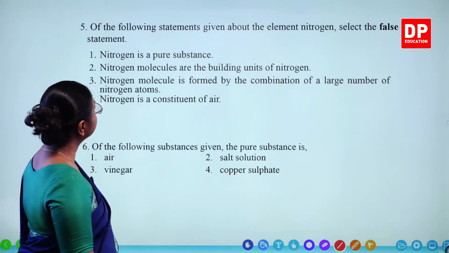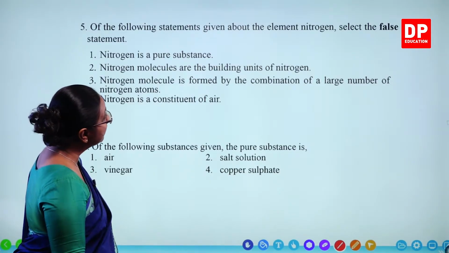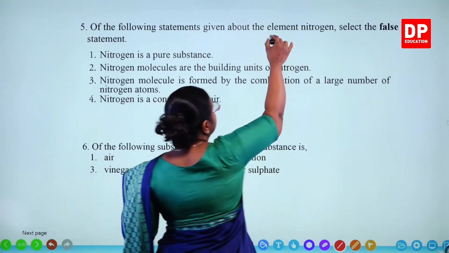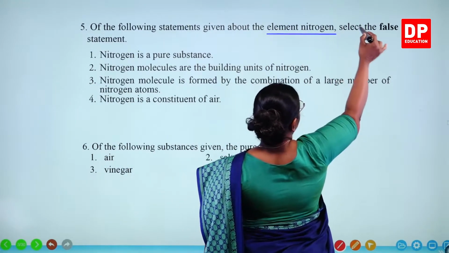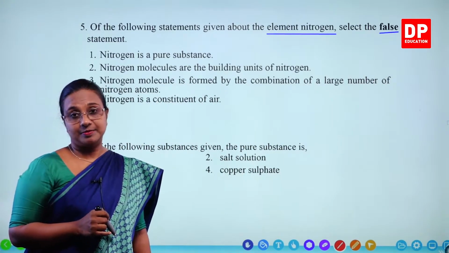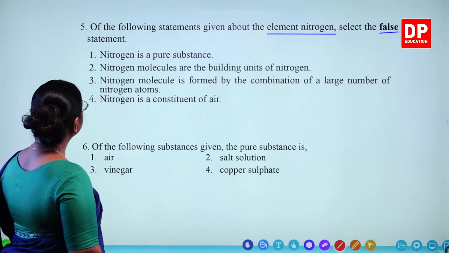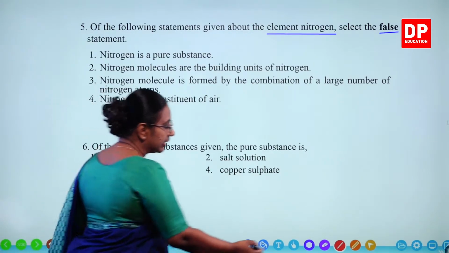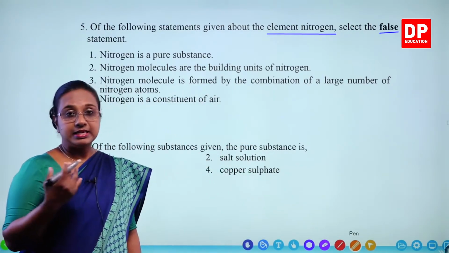Of the following statements given about the element nitrogen, select the false statement. So here again you have to consider the element nitrogen and it has to be the false statement. So let's look at the statement. Nitrogen is a pure substance. Is that correct? Yes. It is an element.